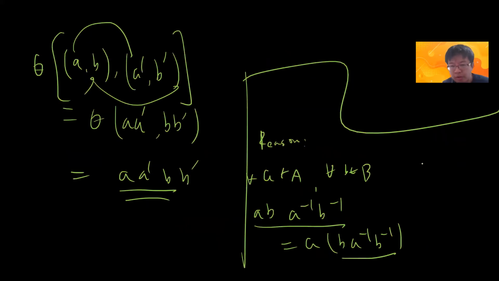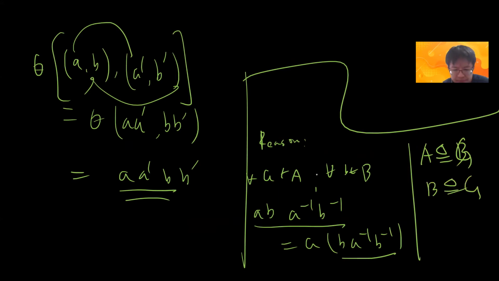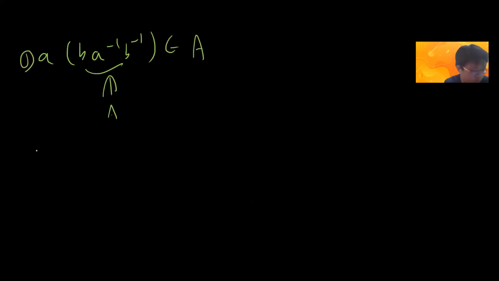Now here comes the important part. Since A and B are normal in G, this guy, b a b inverse, belongs to A, so a inverse b a b inverse belongs to A. This is the first result.